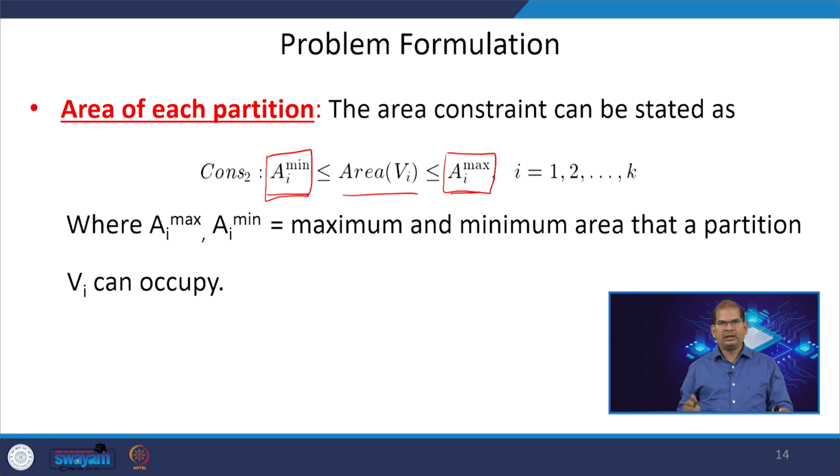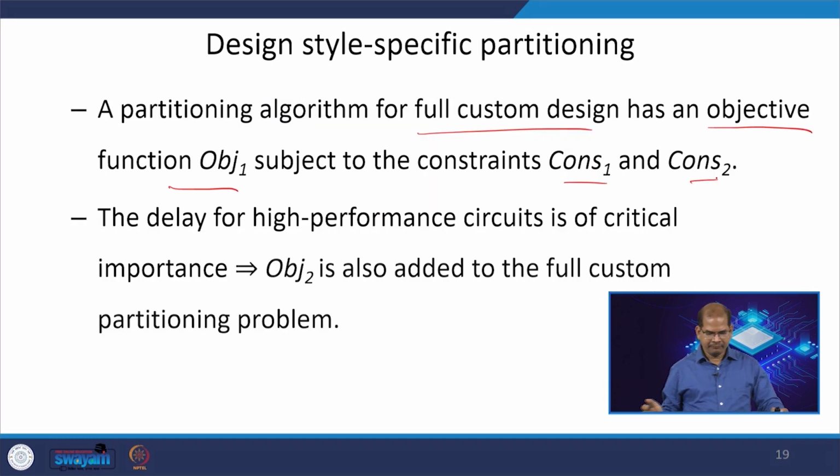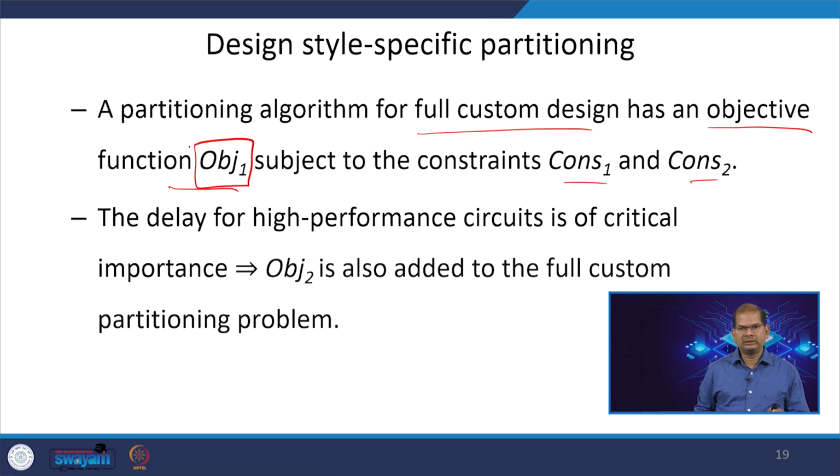Objective 1 is related to the number of cuts, which should be minimum. Constraint 1 is related to the number of terminals, and constraint 2 is the area, which should be within a certain area bound. So, in case of full custom design style we need to take these things into account.